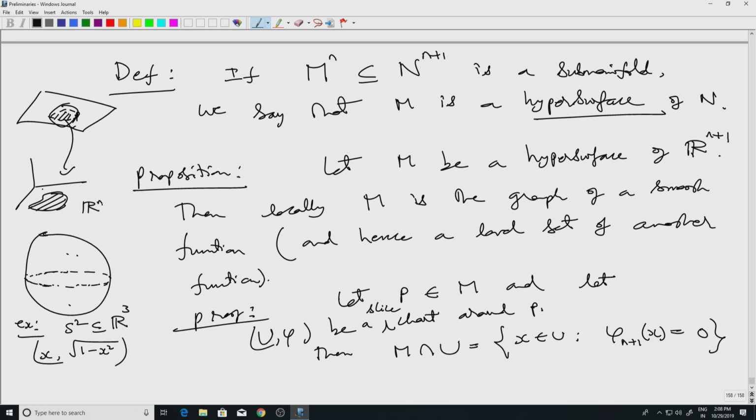This is the (n+1)-th coordinate, x^(n+1). And this is phi. So phi inverse of where phi^(n+1) becomes 0 precisely corresponds to M intersection U. All right.